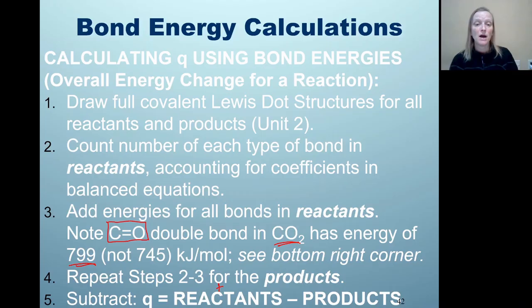So if more bonds have been broken, then you have more of a positive value and your overall Q is positive. Whereas if a higher value of bonds have been formed, then overall your Q value would be negative. So overall you would have an exothermic reaction.